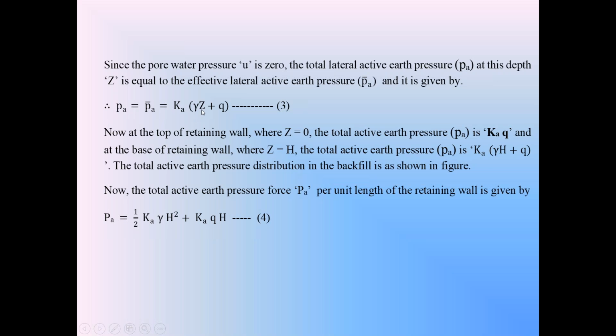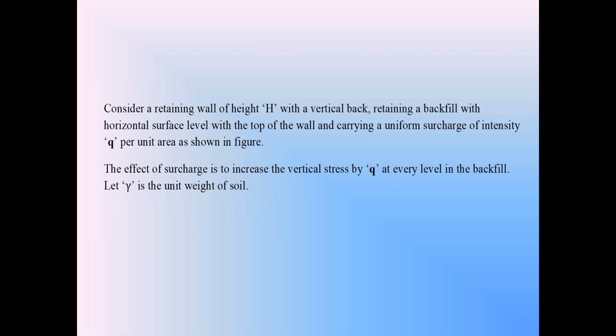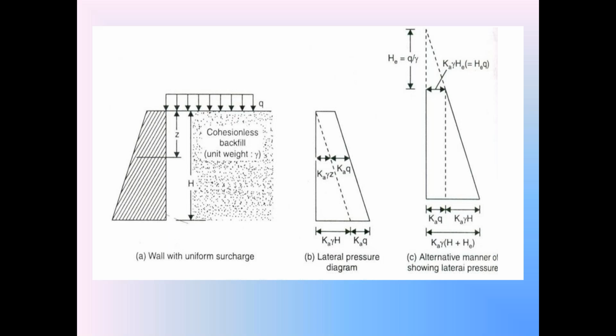Whereas at the bottom of the retaining wall, z is equal to h. So at the bottom of the retaining wall, the active earth pressure Pa is equal to Ka into gamma into h plus Q. That is the active earth pressure when the backfill is subjected to the uniform surcharge Q per unit area. That is this diagram. So check the earth pressure distribution in the diagram.